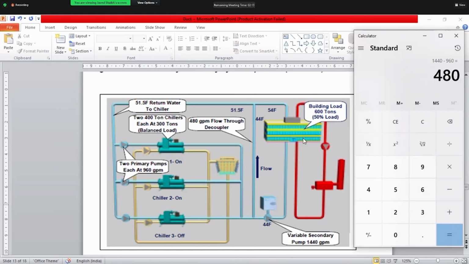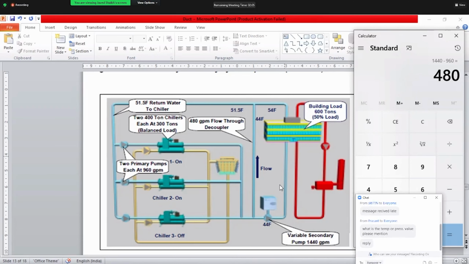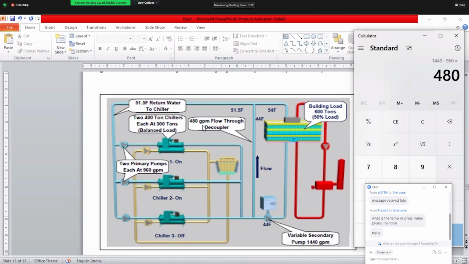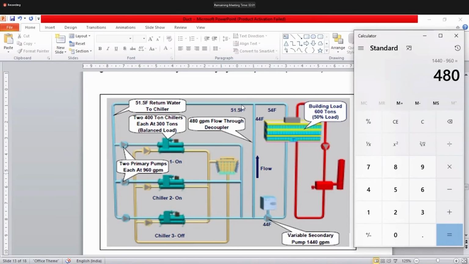As per the requirement, only part of the load is required, so the remaining bypasses, it doesn't take it. As per the load requirement, the further 480 GPM again goes through the chiller. So this is called a primary and secondary pumping chiller arrangement.